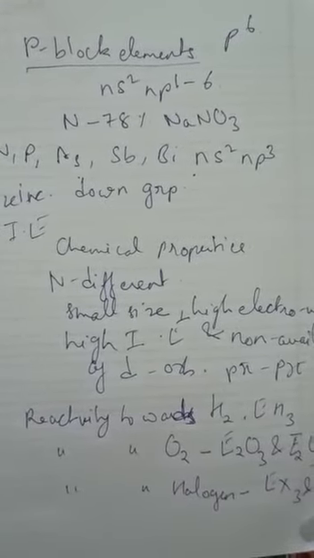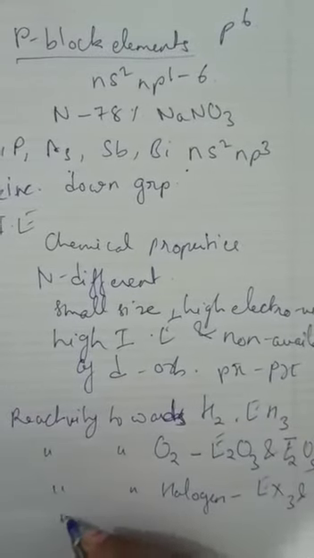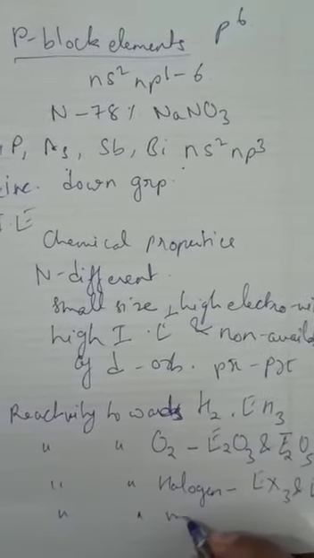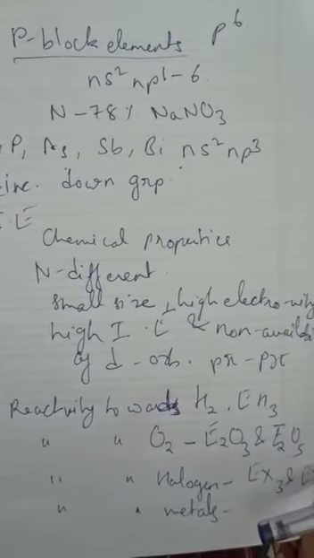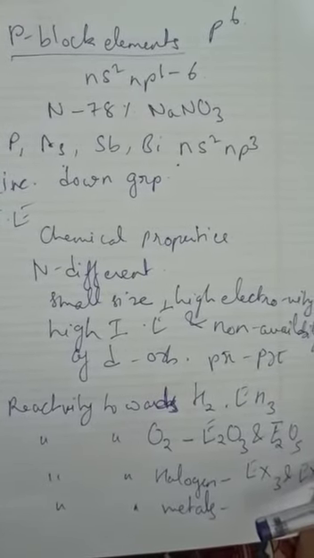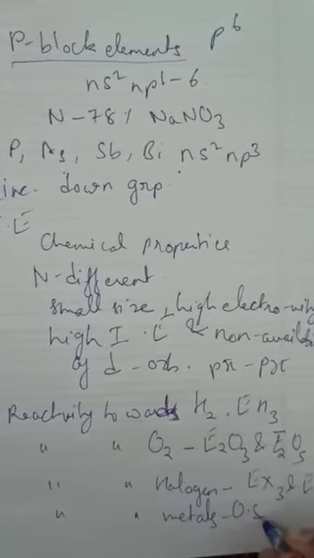Okay, and when the 15th group p block elements react with the metals, then in that case all these elements react with metals to form their binary compounds exhibiting an oxidation state of -3.